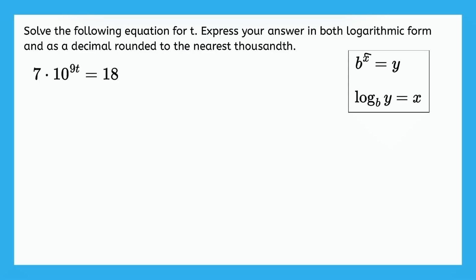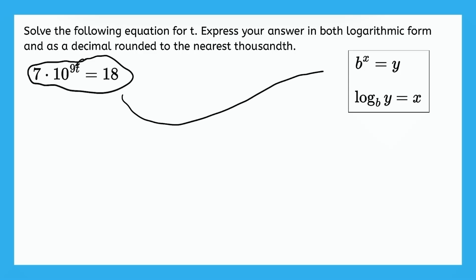Notice that this exponent right here all of a sudden moves into the right side of the equation after we convert it into logarithmic form. So at first glance, if we can make this entire equation at least look like this, then we'll be able to try to convert it into a logarithmic equation, and then we'll probably be pretty close to finding the value of t. So let's try that.